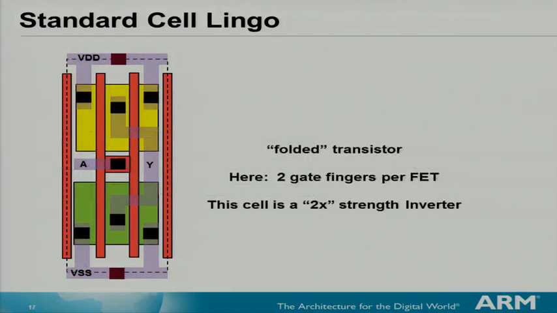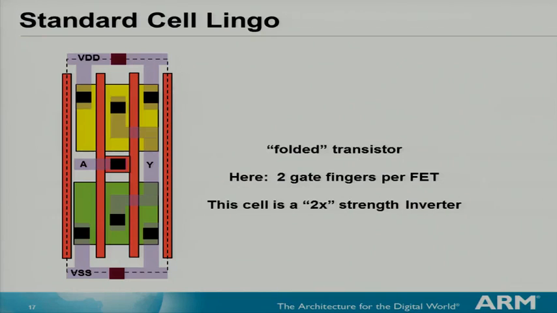So as I mentioned earlier, standard cell height is restricted. Once you fix the standard cell metal track height, you do not increase the height. So how do you increase the strength of your transistors? Basically, how do you increase the widths? For that, what you do is called folding the transistor. Here, there are 2 gate fingers per FET.